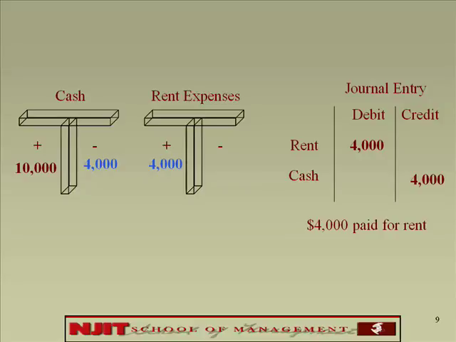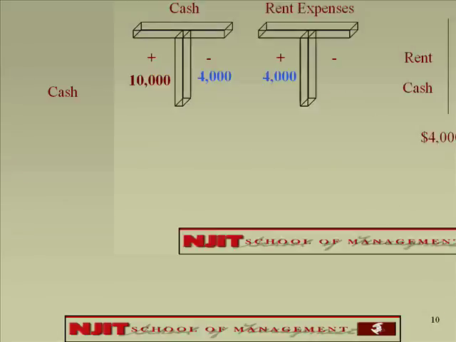The company purchased office equipment for $2,500 cash. So what two accounts are impacted? It's cash and office equipment. Cash is decreased $2,500 and you got equipment. So office equipment is plus $2,500.